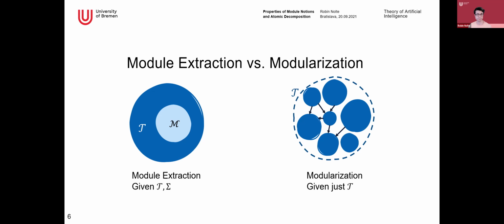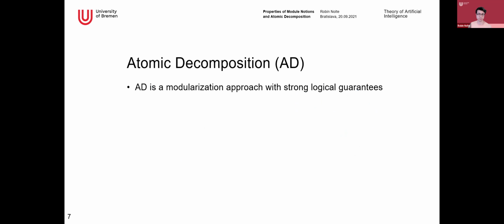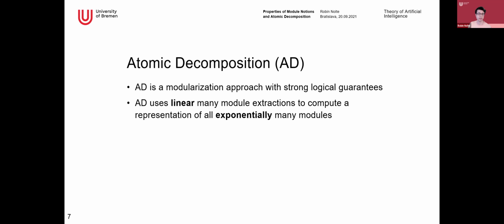And one of these approaches with strong logical guarantees is atomic decomposition. Atomic decomposition is such a modularization approach that develops a dependency relation between axiom sets. To do so, it calls another module extraction function, the problem that we just spoke about before, linearly often, and then we have a representation of exponentially many modules.